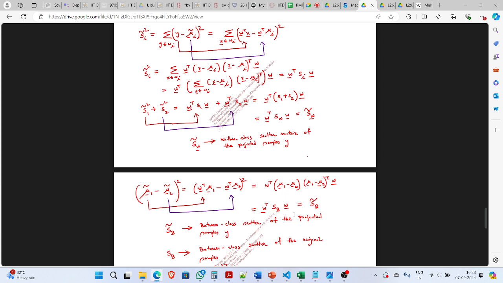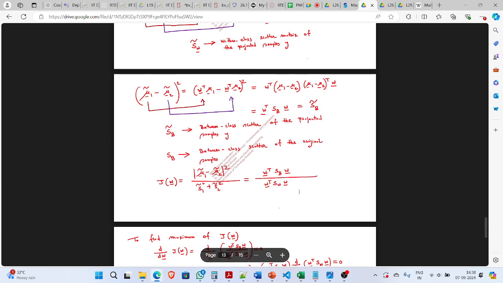This S B is the between-class scatter before the transformation, of the original distribution, and S B bar is the one after the projection.